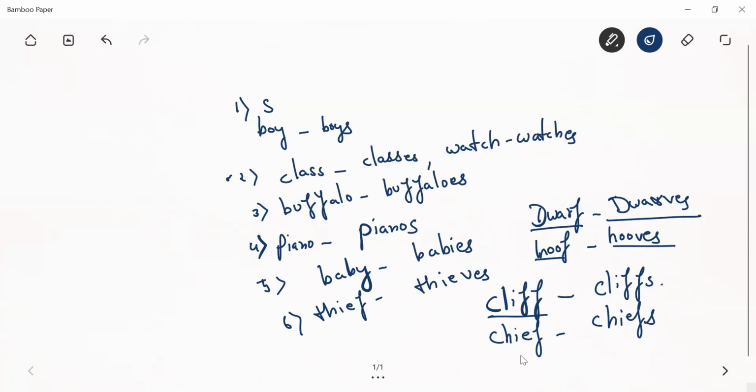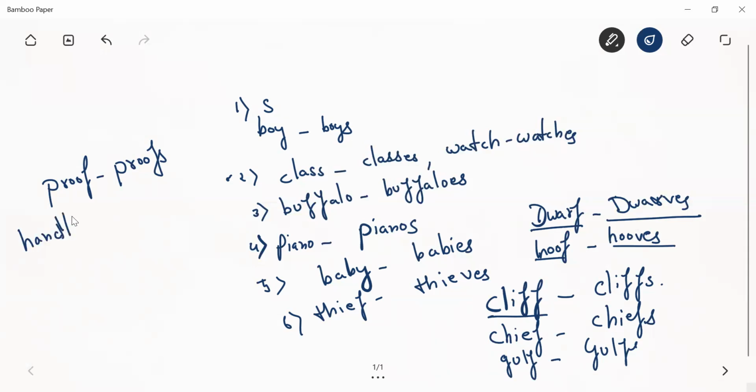There are many like that. Then you have gulf, GULF. It will be gulfs. Then you also have proof. What will you write over here? Proofs. It will be FS, not VES. That's why I'm telling you, because it is also one of the cases. Then you have handkerchief.